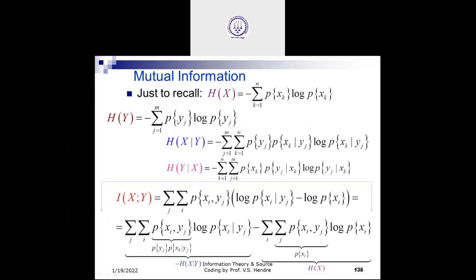H of Y is minus summation p of yj log of p of yj. H of X given Y has this formula, H of Y given X has this formula. So if I represent this particular multiplication, the summation of p of xi comma yj into log of p of xi given yj, it is nothing but minus H of X given Y, and this summation is H of X.